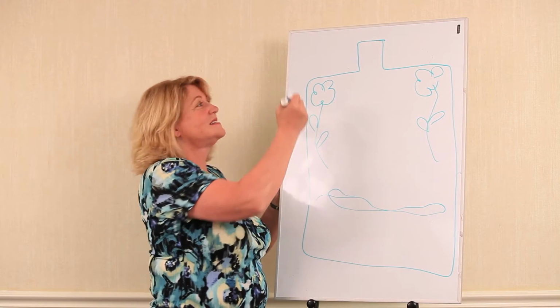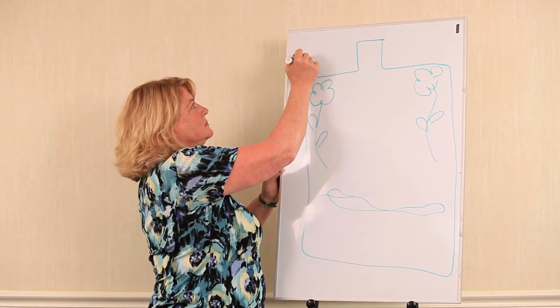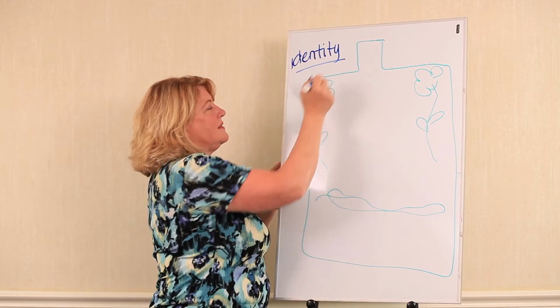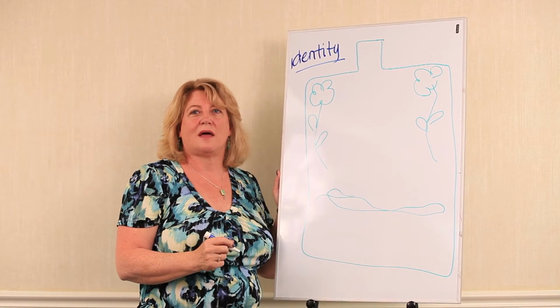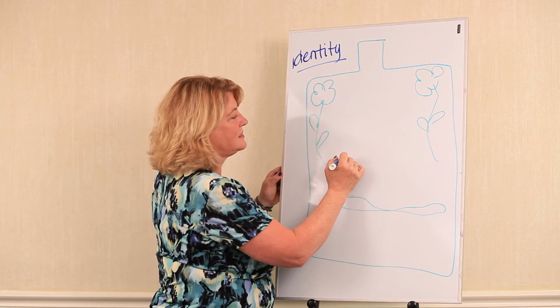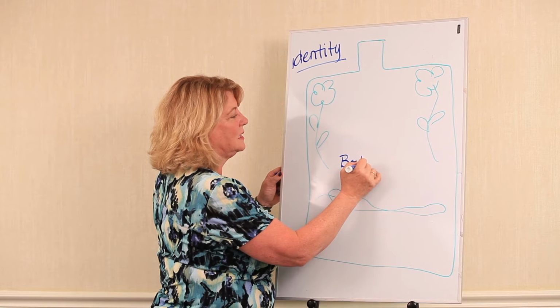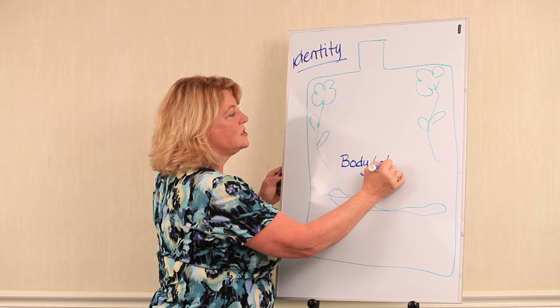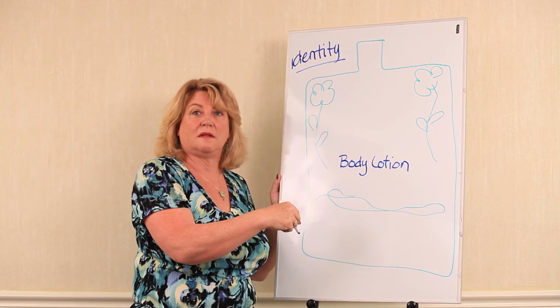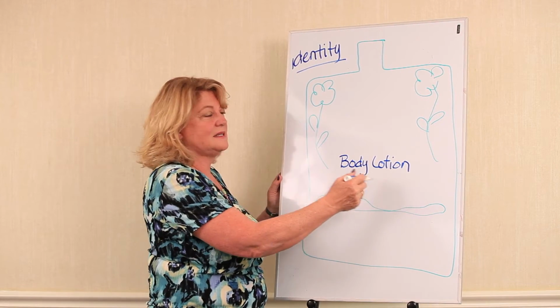The first thing is the identity. That tells somebody what the product is. Now, we'll say in this case, the identity is a body lotion. So the consumer coming along, looking at this bottle on the shelf, can look and see that it's body lotion.